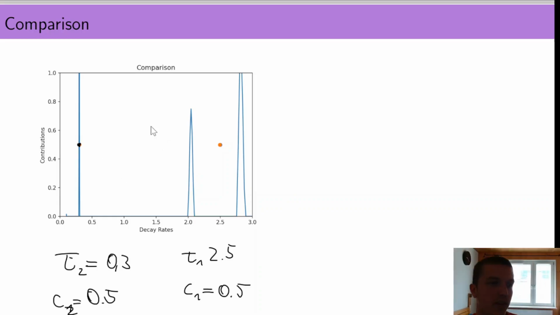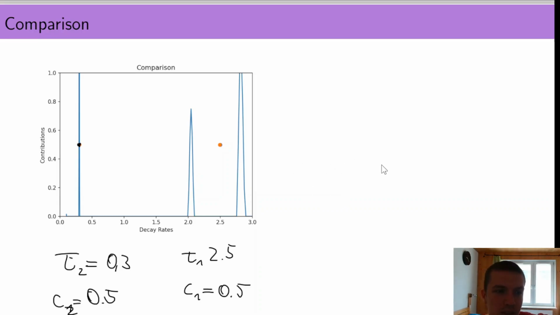And we can see for the exponential fitting, actually for the double exponential fit, the data matches pretty accurately. And for the inverse Laplace transform, the smaller decay rate is matched pretty well, but the larger one isn't matched that well.